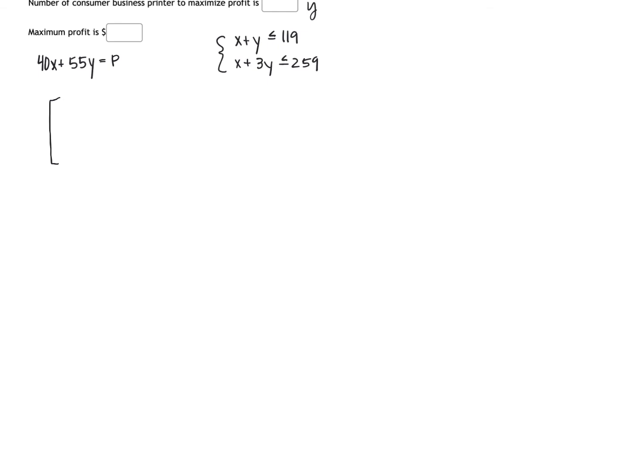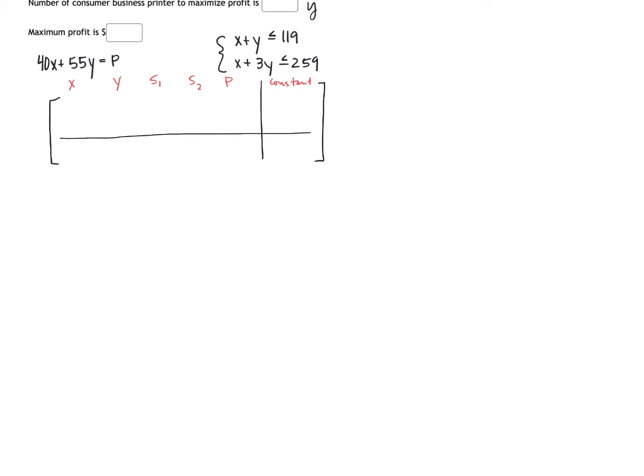For the tableau, remember our columns: x, y, the slack variable for the first inequality, the slack variable for the second inequality, our p, which is the profit, and then we have our constant. That's what we put in here. Then we have the first equation, the second equation, and the profit equation.